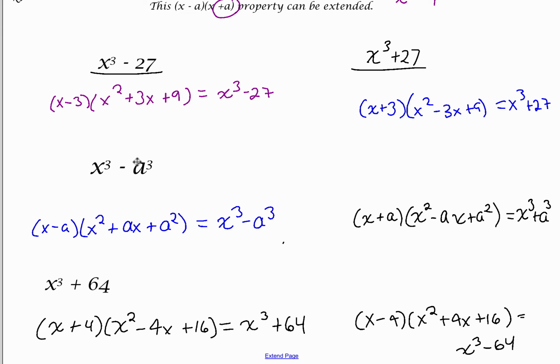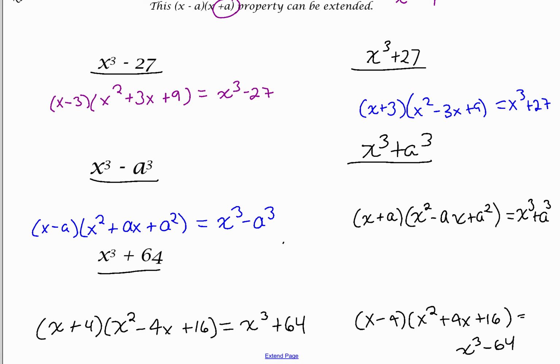Likewise, with x cubed minus a cubed, we found out that x cubed plus a cubed factors. And likewise down here, x cubed plus 64 and x cubed minus 64. So I guess you figured out the point of the lesson: you can factor differences of perfect cubes or sums of perfect cubes. Okay, that's kind of obvious now.